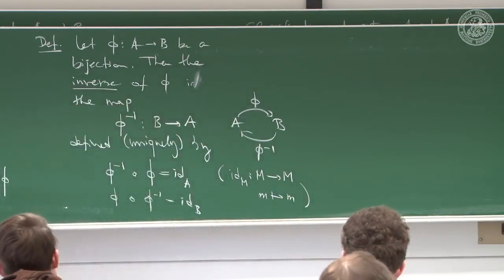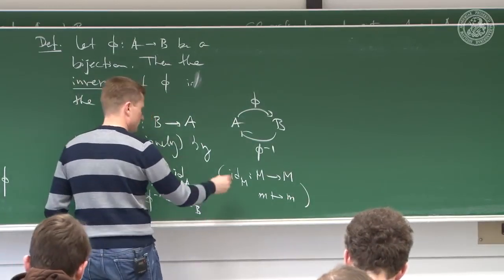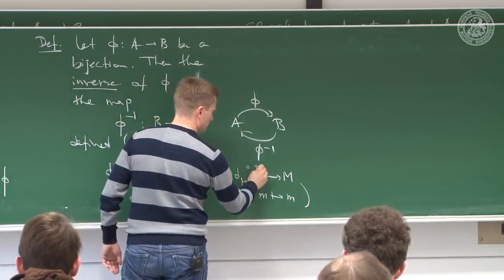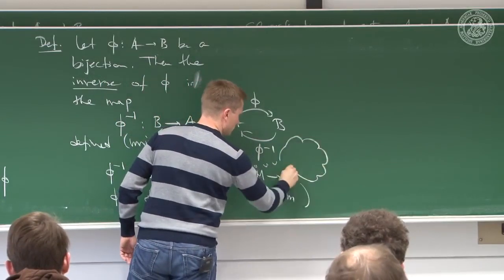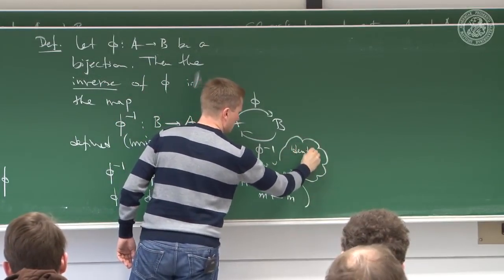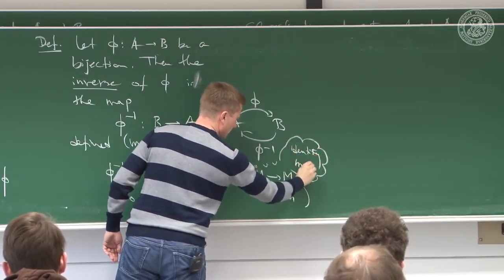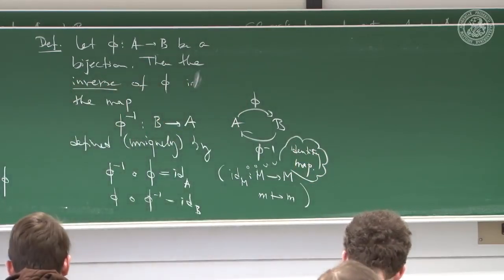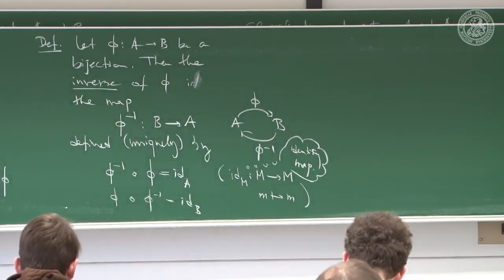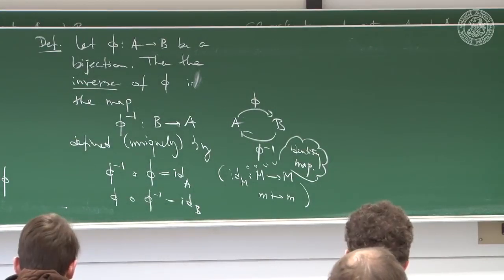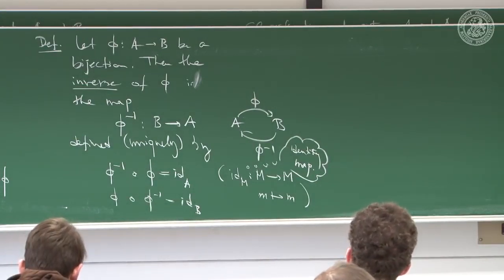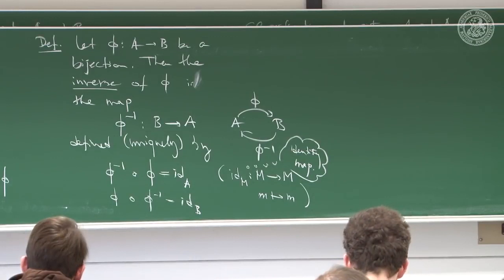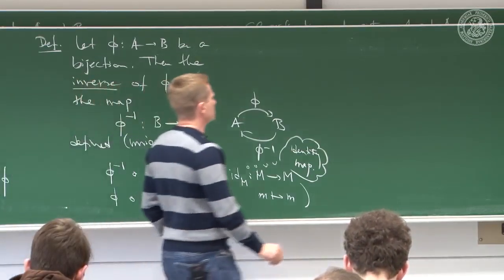That's the identity map. Which obviously we have for every set.